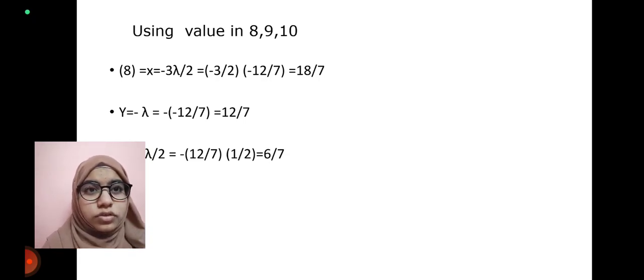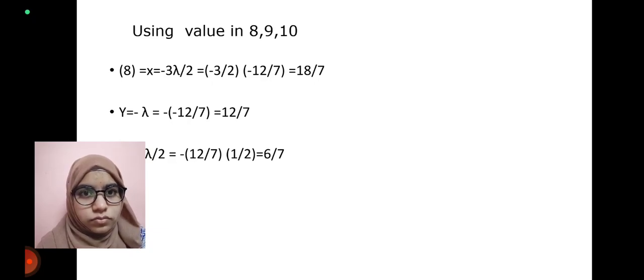If we substitute lambda, we get minus 3 by 2 into minus 12 by 7, which equals 18 by 7. y equals minus lambda, which equals minus of minus 12 by 7, which equals 12 by 7. z equals minus lambda by 2, which equals minus of minus 12 by 7 into 1 by 2, which equals 6 by 7.